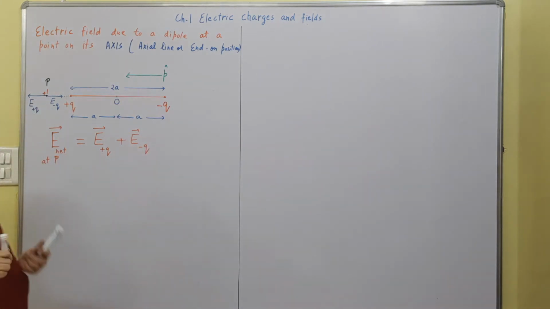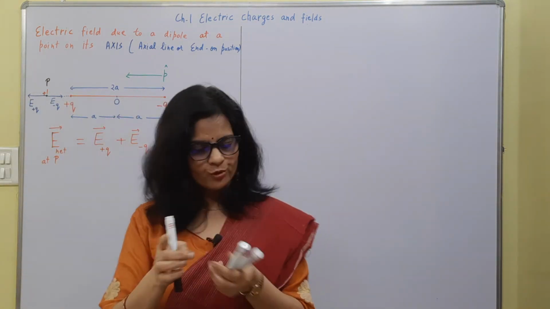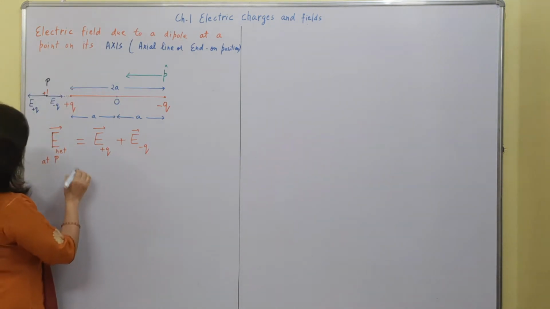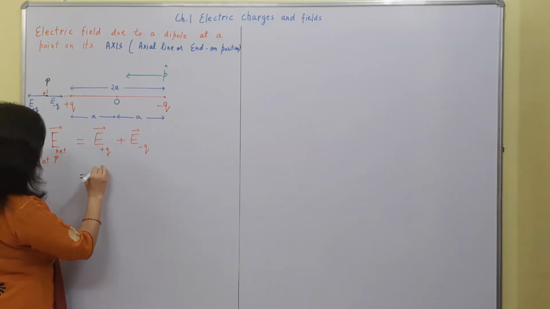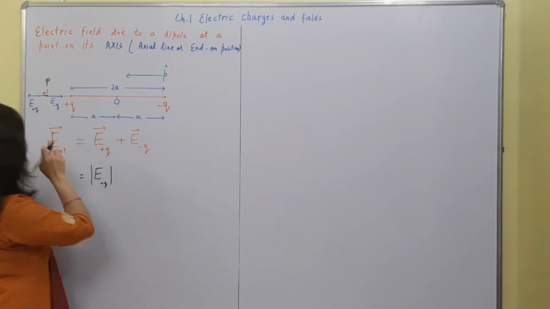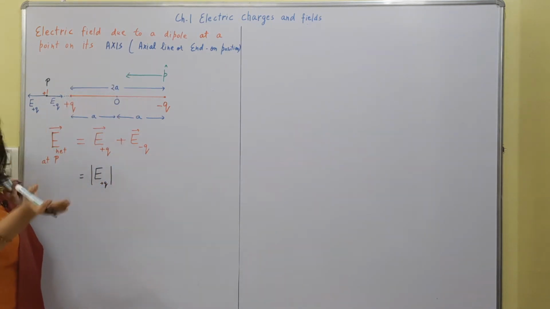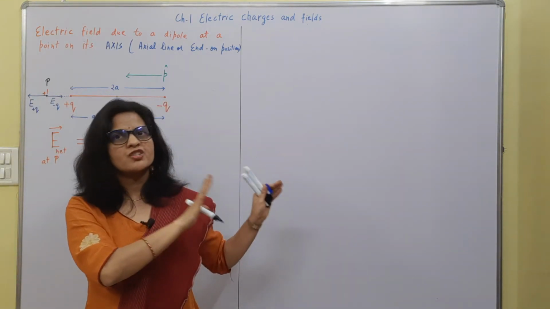Again, recall the concept. Whenever we write a vector, we write its magnitude and direction both. So I have mentioned this expression in the form of vector. So what will I do? I'll write the magnitude of the electric field due to +Q charge and its direction. What is the direction of E plus Q? If I am writing the direction in terms of P cap, which we always do in case of a dipole, we already have a specific direction for a dipole.